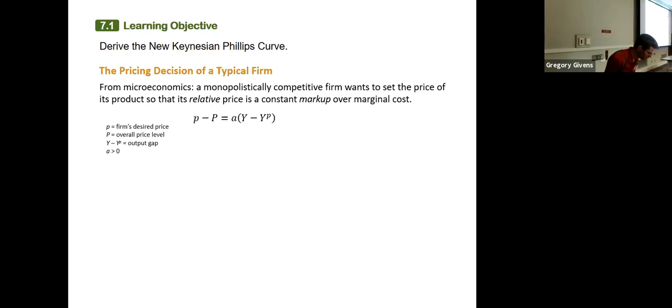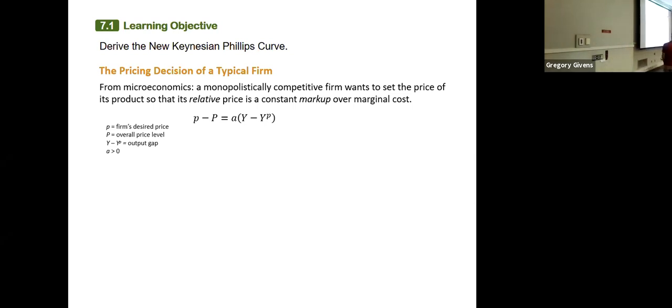Okay, now, let me interpret this equation here real quick. What this equation says is that the firm's desired relative price, relative to the overall price level, is some constant fraction or constant times the output gap, okay? Now, what is the theory underlying that? Think about this for a second.